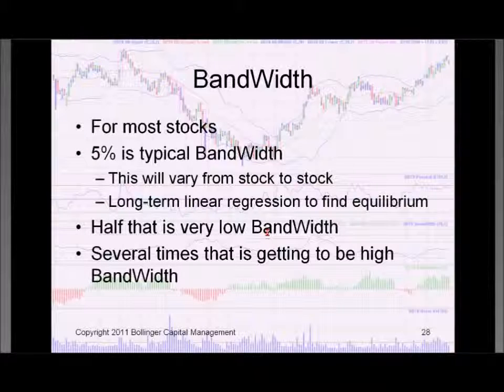And whatever the level of the linear regression, and I do mean a long-term linear regression, say something that covers a couple of years' worth of daily data, that'll give you a really good sense of what the normal value for bandwidth is. Whatever that is, half of that is very low bandwidth, and several times that, say 3 or 4 times that, is pretty high bandwidth.